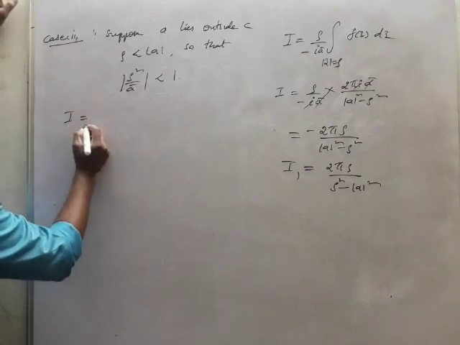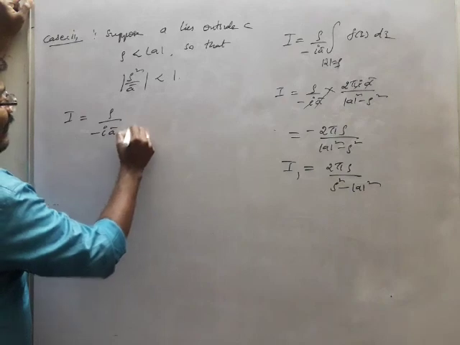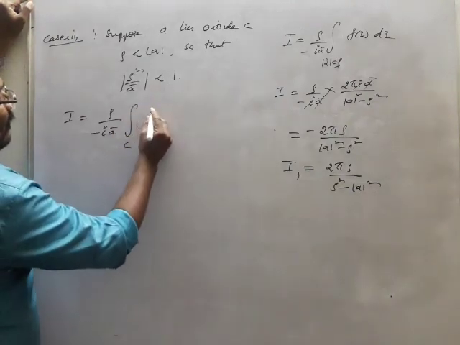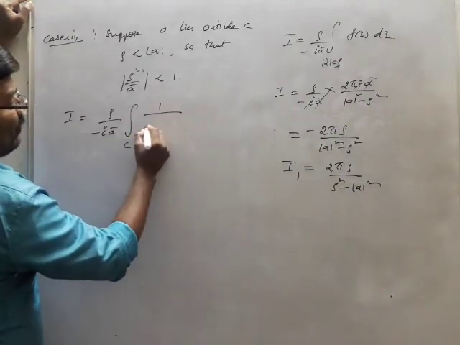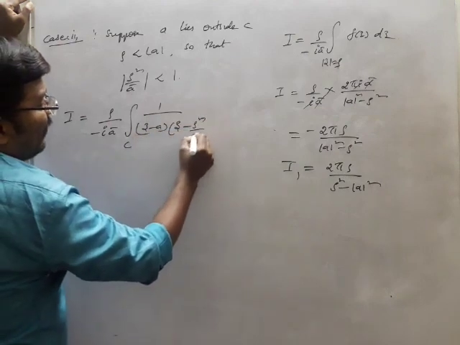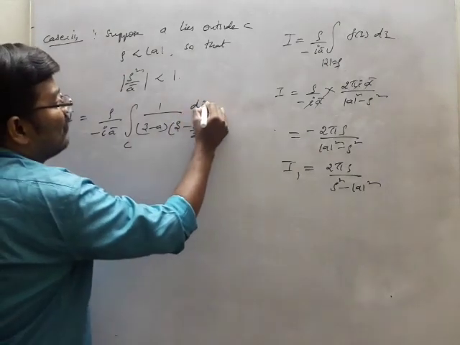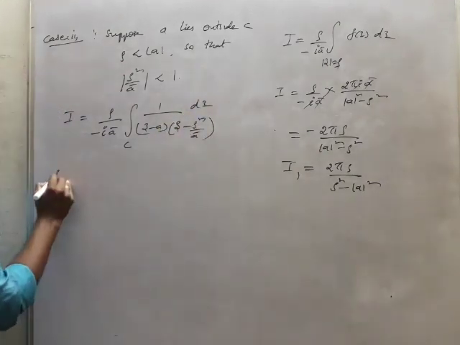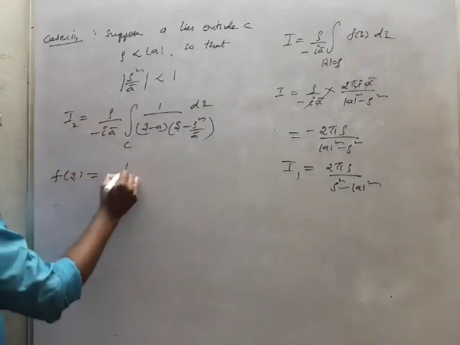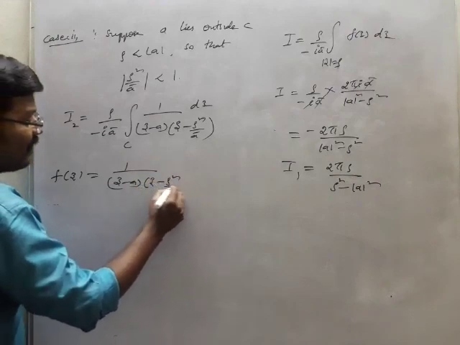We have I is equal to rho by minus I a bar integral over C 1 by z minus a, z minus rho square by mod A, dz. This is what we have. Let us take this as I2. Suppose f of z is equal to 1 by z minus a, z minus rho square by a bar.